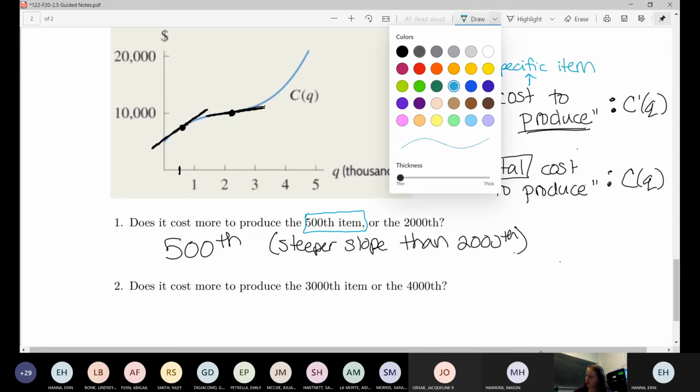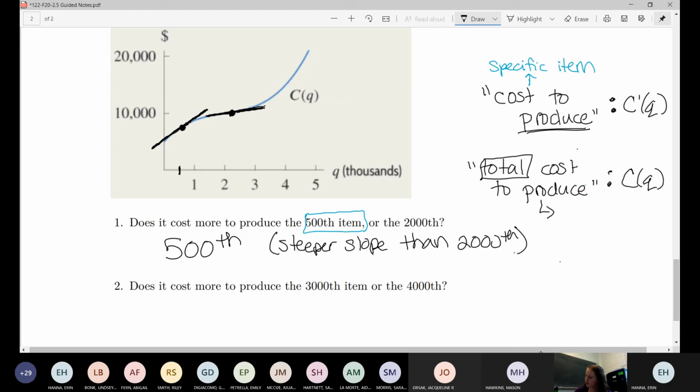Whereas if they wanted to talk about the generic function, it'll probably have the context in there, like 500 shoes versus the 500th shoe. So that's another way to tell the difference between whether they're talking about C prime or C. Anyway.